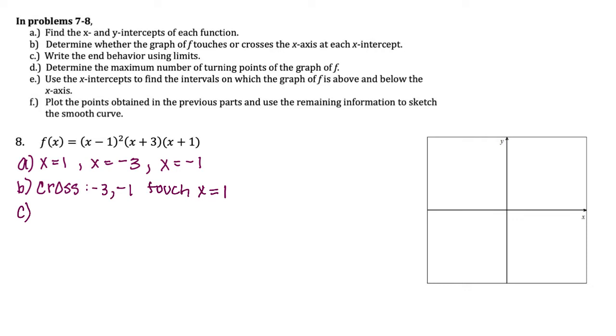All right, part C, end behaviors. Is this an odd function or even function? This is an even function, so the limit as x approaches -infinity of f of x is going to be positive infinity, and the limit as x approaches positive infinity of f of x is positive infinity.